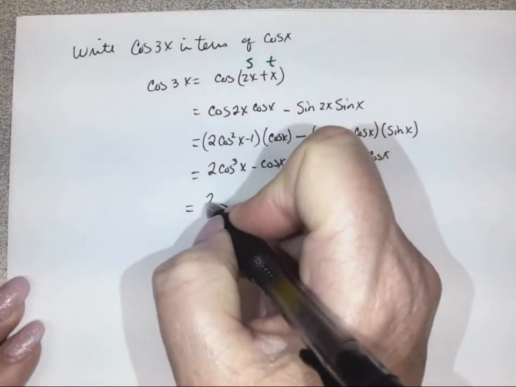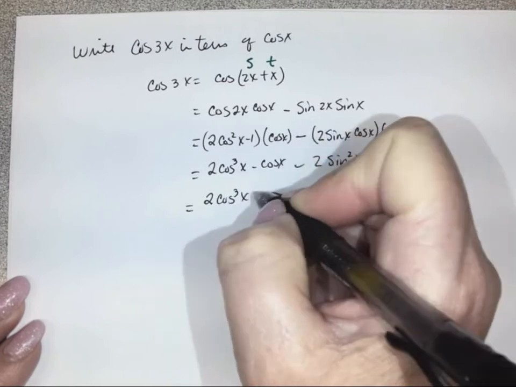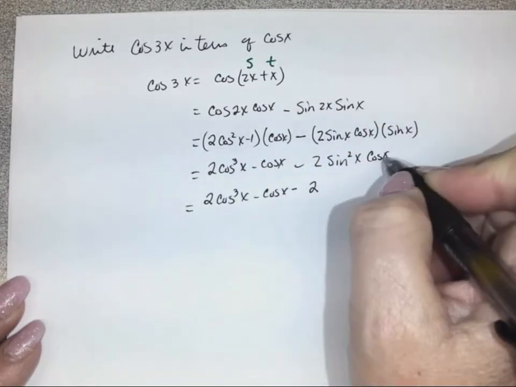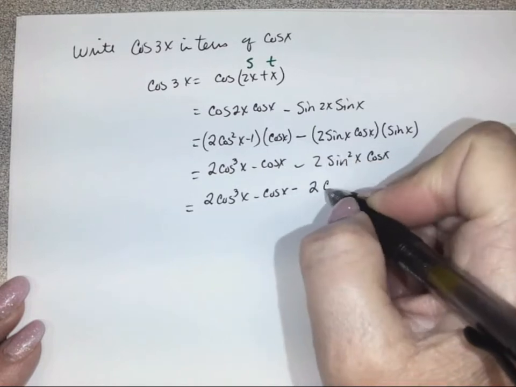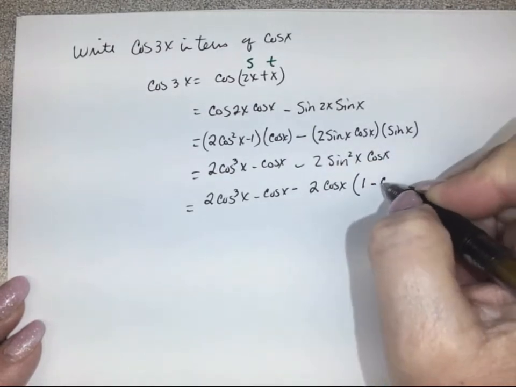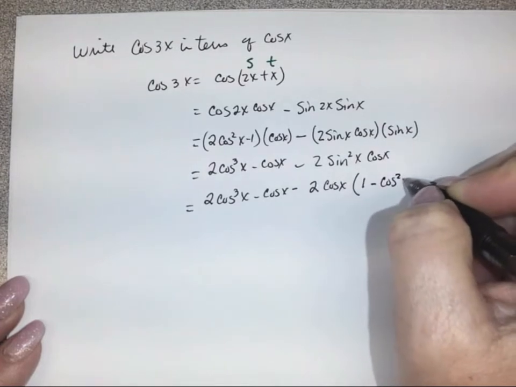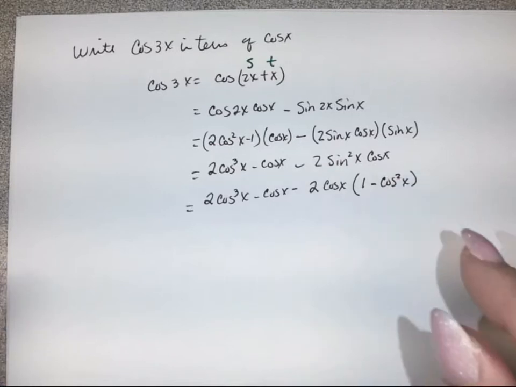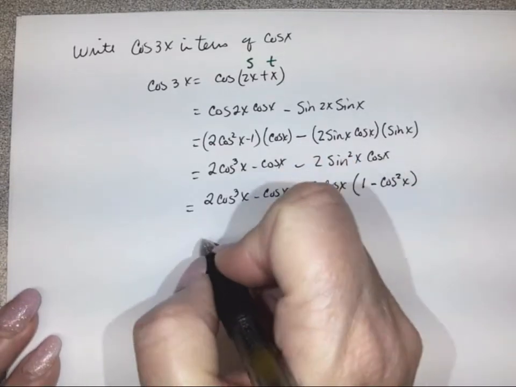So this will be equal to 2 times our cosine cubed x minus our cosine x minus 2. I'm going to move our cosine up front and then put this as 1 minus cosine squared x. So our sine squared x now became this. And I'm going to distribute again.